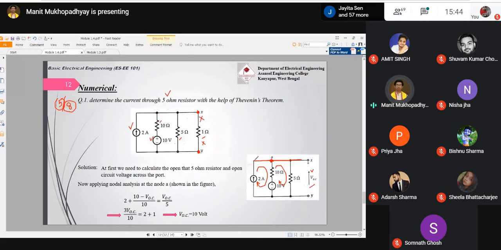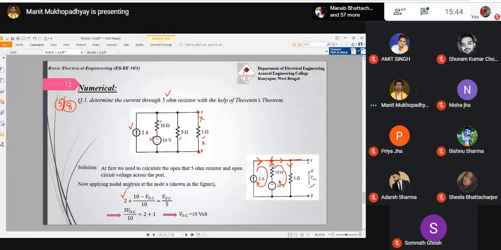What we are doing in nodal analysis? Kirchhoff's current law. Here 2 ampere current is your incoming current. Here another current is incoming. Here another current is outgoing through this portion, right? So we can write this is your incoming current.